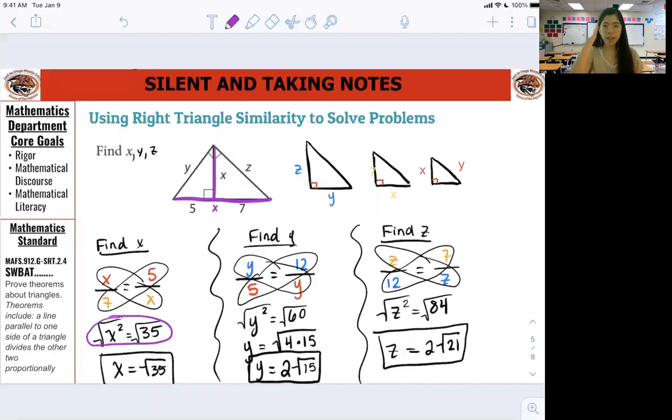So if you remember, the altitude squared is equal to the product of those two values. Do we see where that comes from, the x and then the 35? So that's one shortcut that you can take a look at.